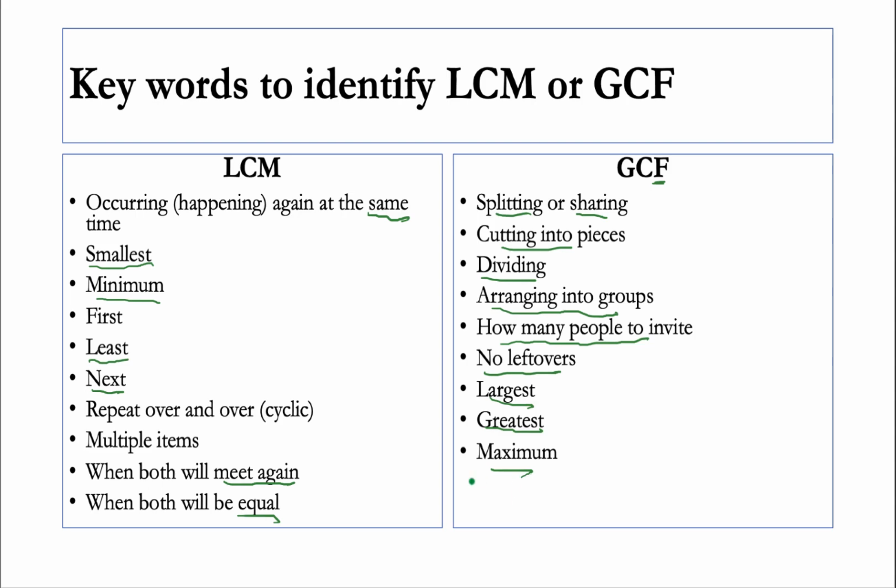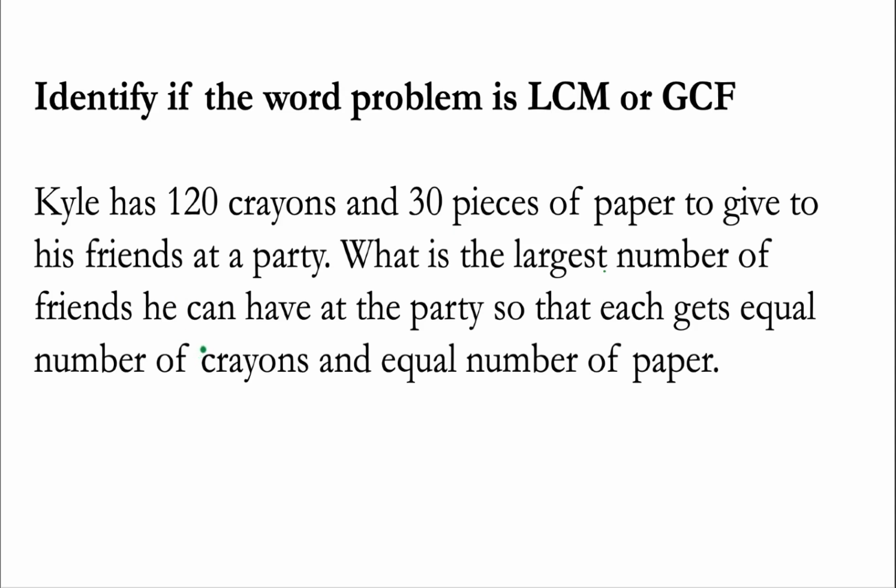Let's look at some examples. In the first few problems, we're not going to solve. We just want to identify whether you have an LCM or GCF word problem. So the first question says, Kyle has 120 crayons and 30 pieces of paper to give to his friends at a party.